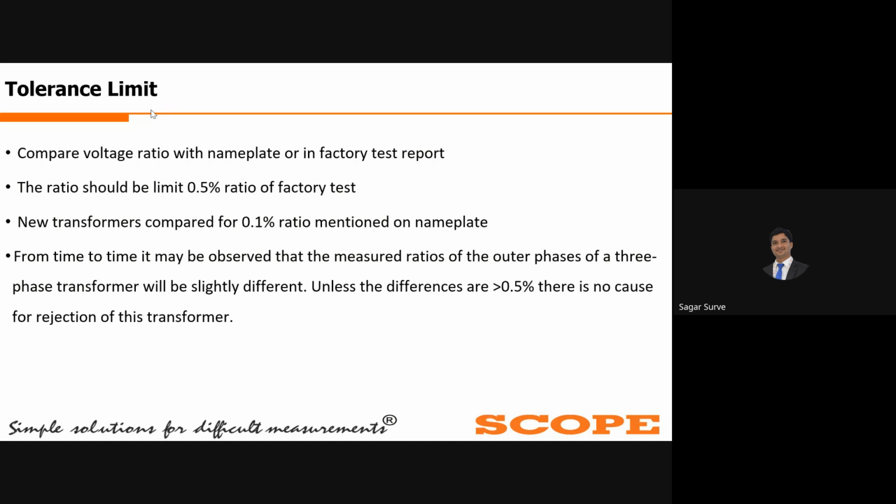From time to time, it may be observed that the measured ratio of the outer phases of a three-phase transformer is slightly different. Unless the differences are more than 0.5%, it's okay. But if the differences increase above 0.5%, then it's a cause for worry, and we need to take preventive actions or some remedies for the performance of that transformer.